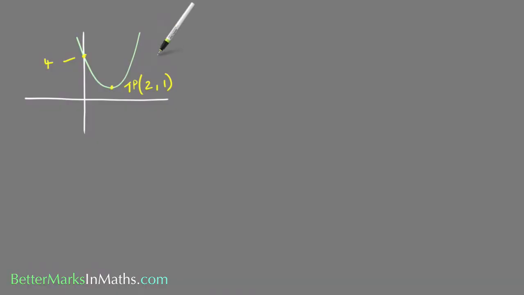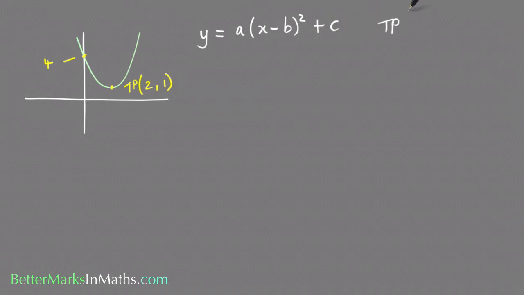In this example, you've been given the turning point and the y-intercept, and to work out the equation of this parabola, you use the equation of a parabola in turning point form. So y equals a bracket x minus b squared plus c, and in that formula, the turning point is b and c.